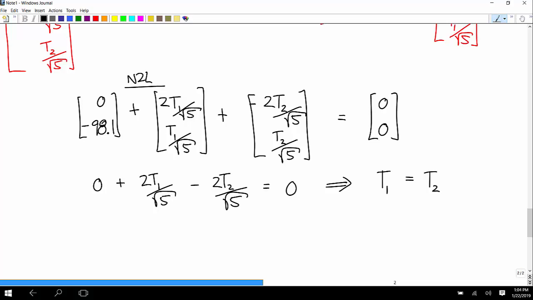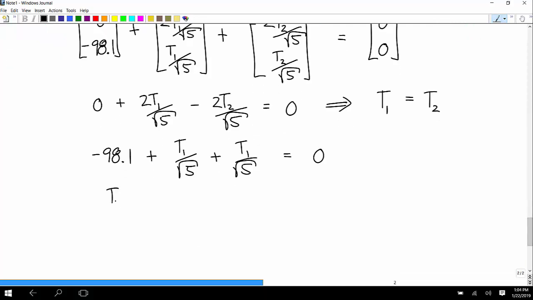And then we'll use that in the second equation that says negative 98.1 plus T1 over root 5 plus, I'll substitute T1 in again for T2, T1 over root 5 is equal to 0.